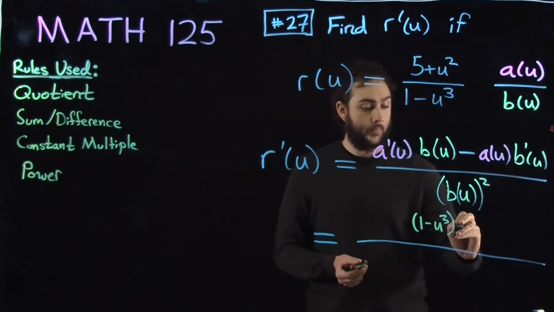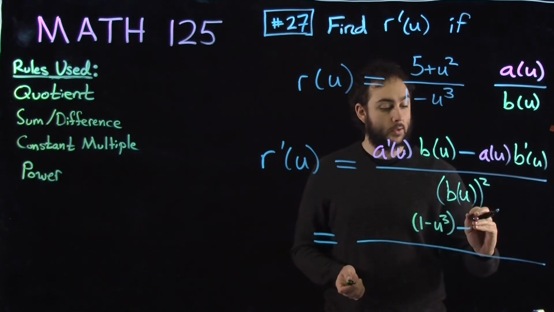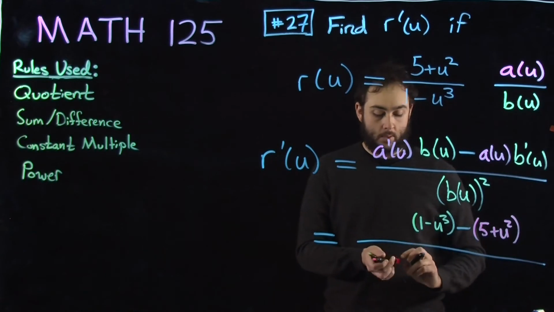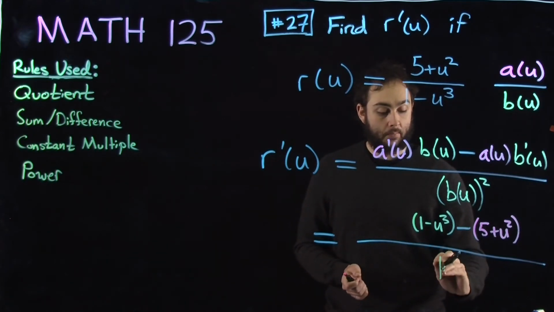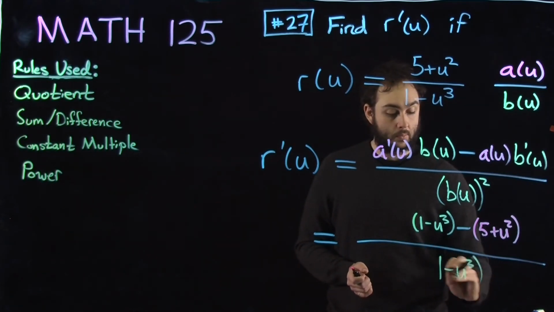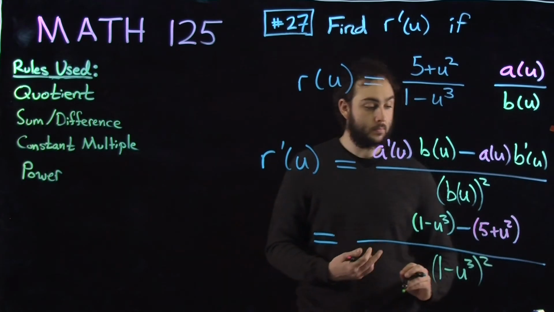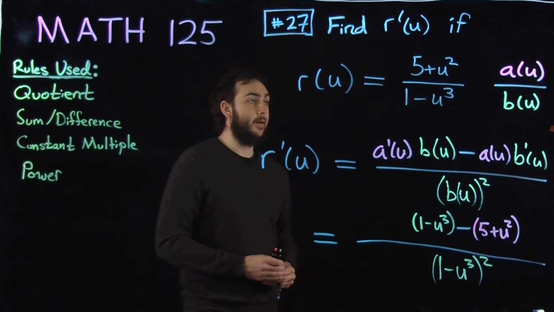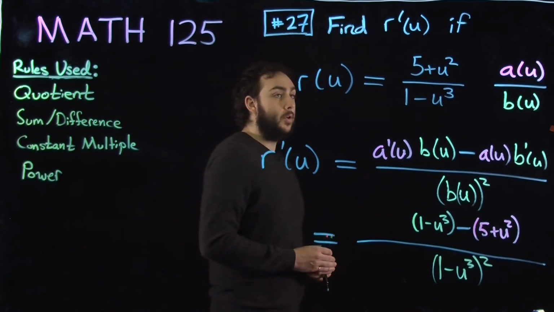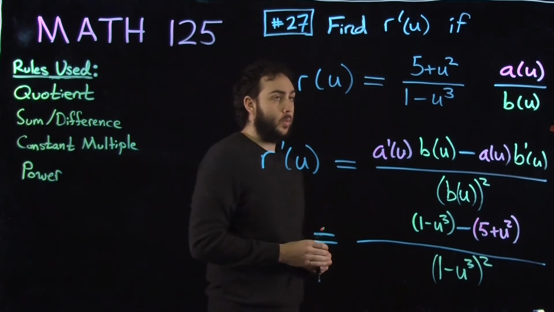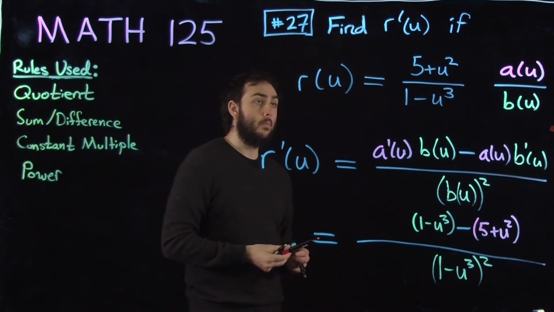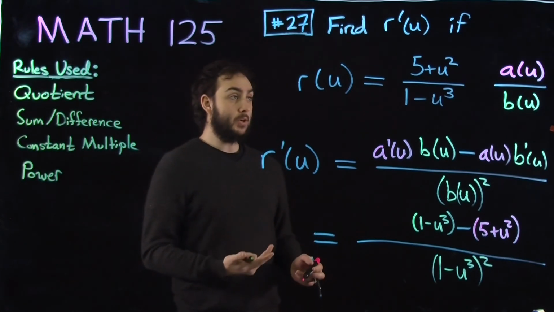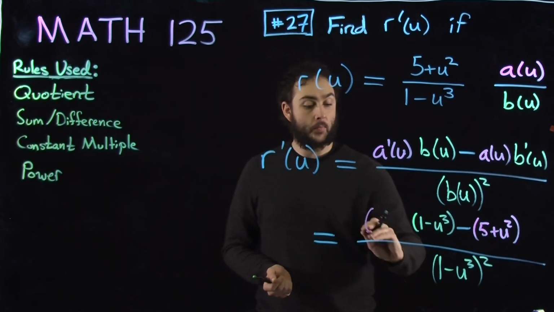Here's b, here's a, and here's b squared. So now the only differentiations I have to do are of a of u, which is 5 plus u squared, so its derivative by the sum, difference and power rules will be 0 plus 2u.